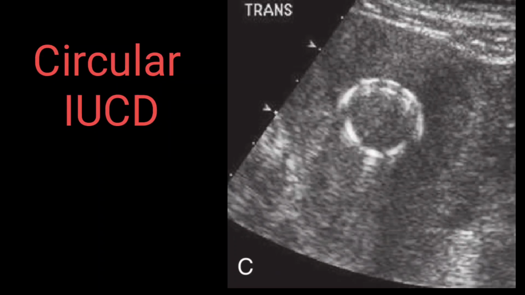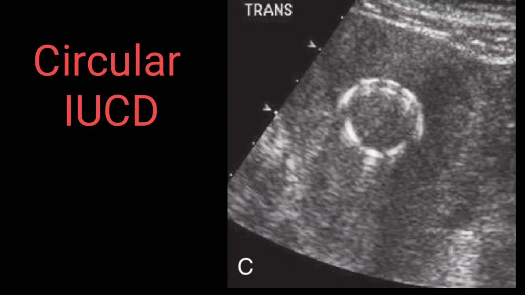First go for the transabdominal scan to have a clear view of the abdomen and the surrounding uterine area, because on the transabdominal scan you can see a lot of areas including the adnexal part. If there is any adnexal pathology, you can easily pick it up on transabdominal ultrasound imaging. The transvaginal scan will give you a clear picture of the uterus, the uterine cavity and the ovaries.